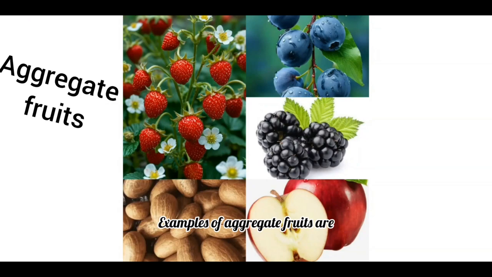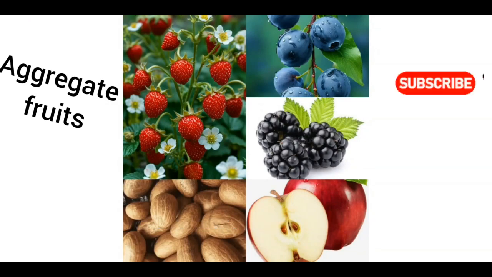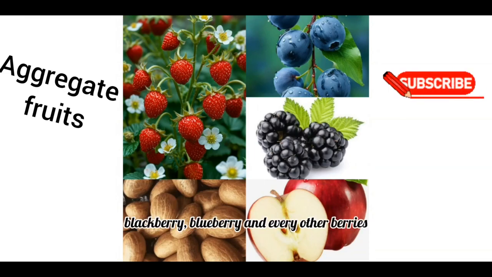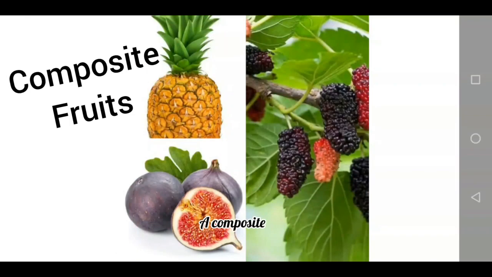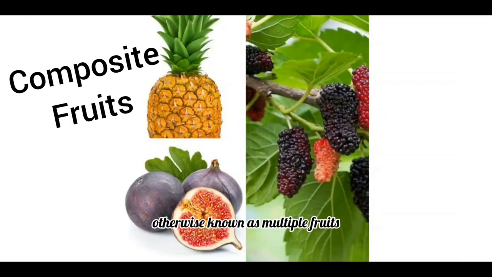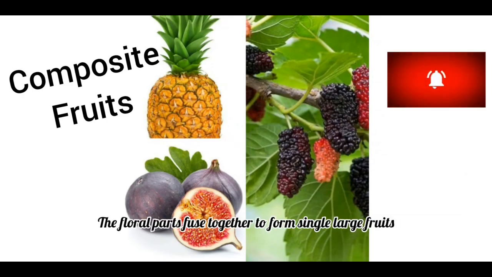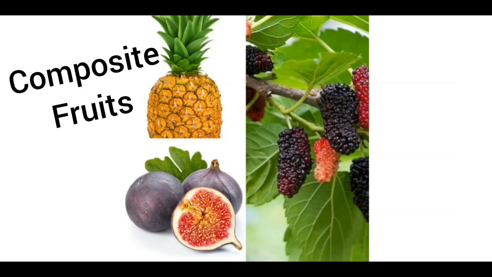Examples of aggregate fruits are kola nuts, apple, strawberry, blackberry, blueberry, and every other berry. A composite fruit, otherwise known as multiple fruits, develops from several flowers positioned very close to one another. The floral parts fuse together to form a single large fruit. Examples are pineapple, fig, and mulberry.